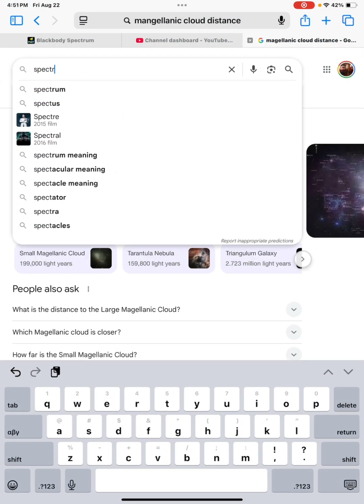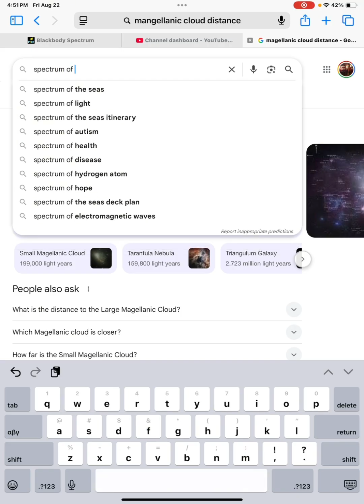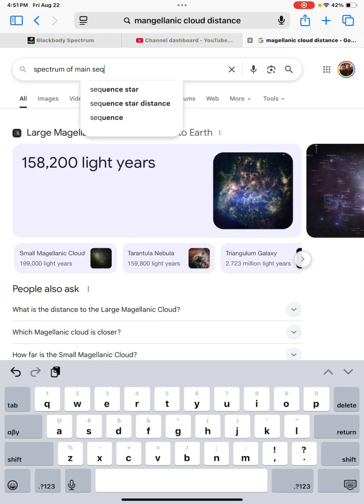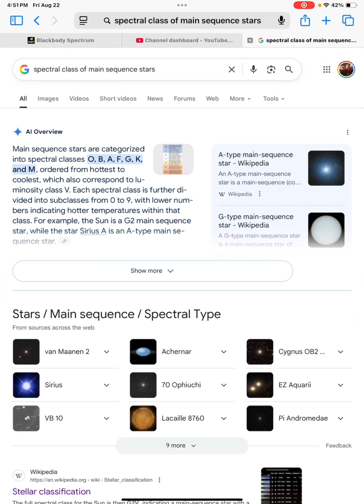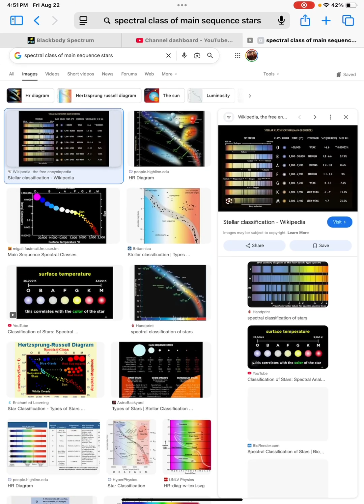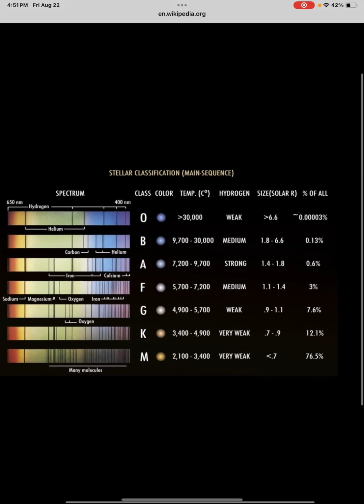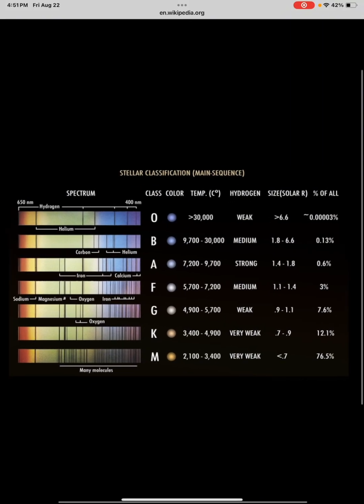Okay, let's see. Spectrum of main sequence stars. So this is a good table. I think it's from Wikipedia. Okay, it's the one we used earlier. So you see up top it's a class O star, and you see the spectral lines.